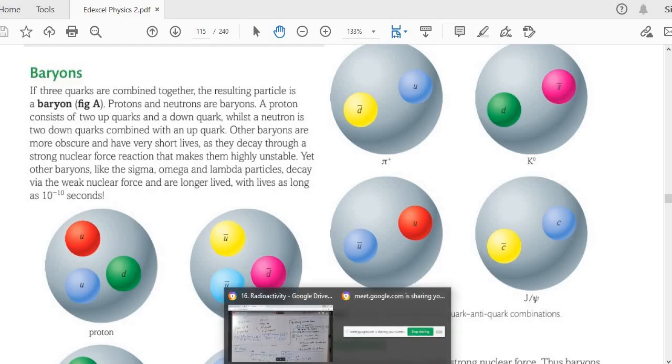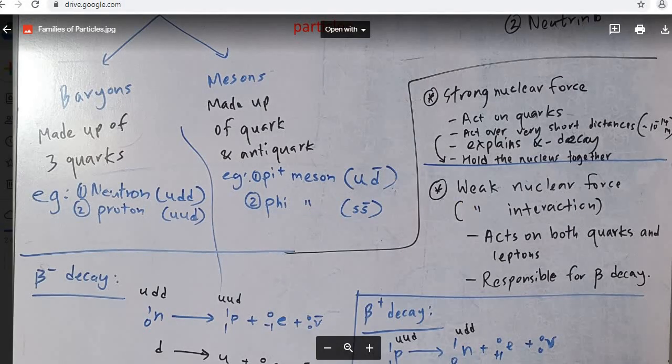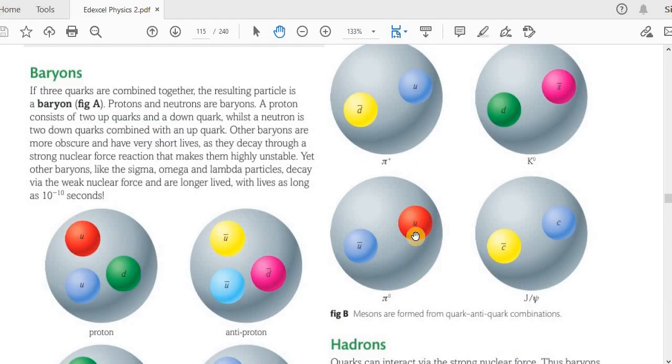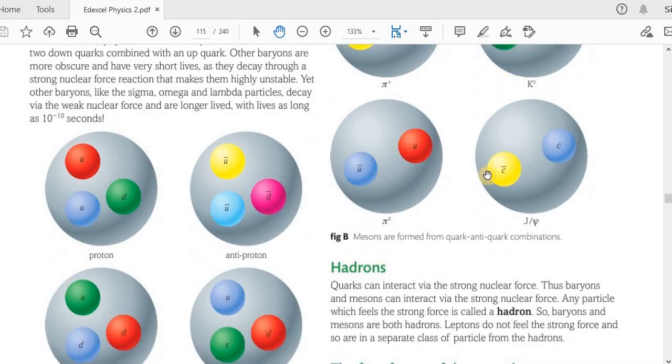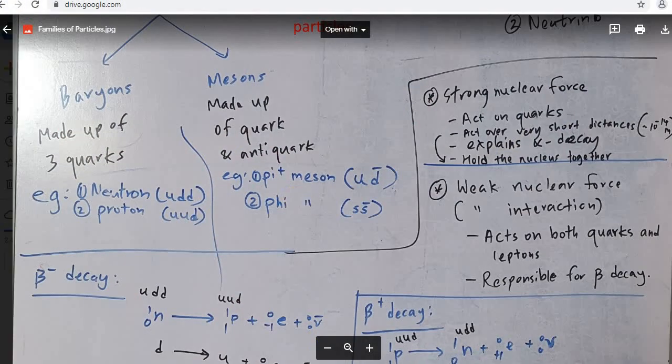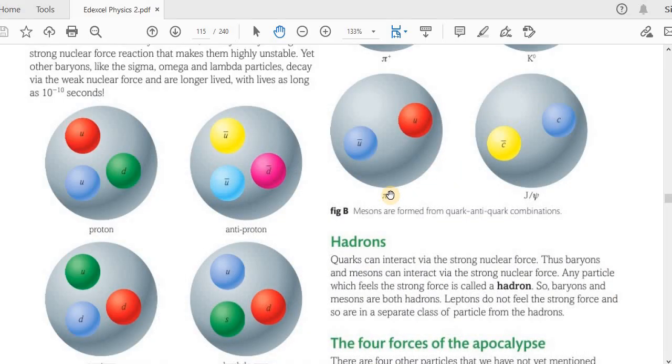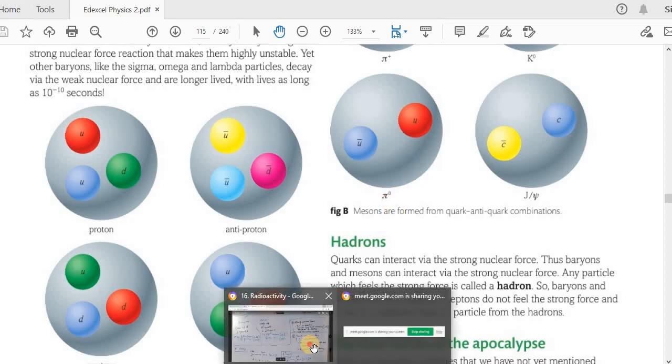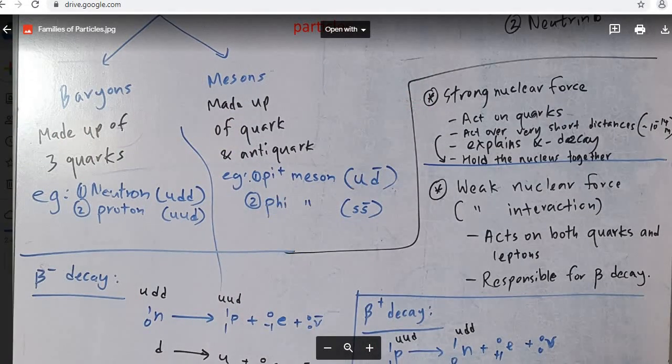And let's check whether this is the phi meson. Yes, phi 0 is there. This is phi, right? Phi is another Greek letter. Pi is one Greek letter.